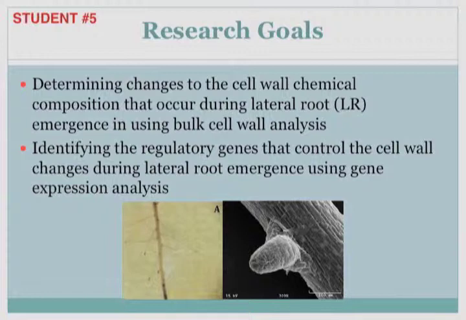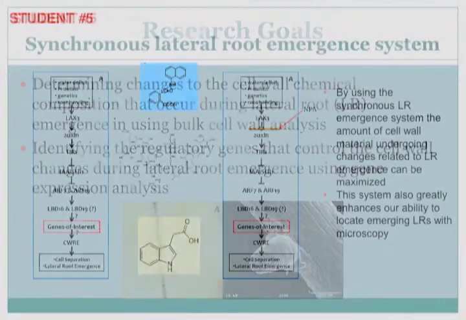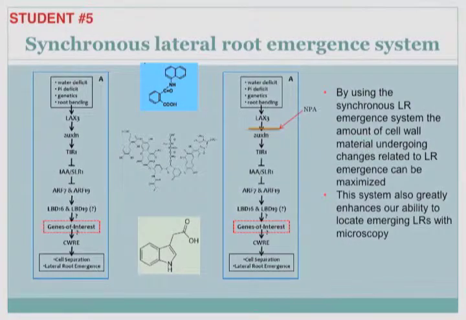using gene expression. Now this is a little difficult to do because, as this picture shows, lateral root emergence is asynchronous, so they emerge at different points in time during the development of the plant, and cell wall material cannot be amplified like genetic material can be. So the way we have to go about this is a synchronous lateral root system.